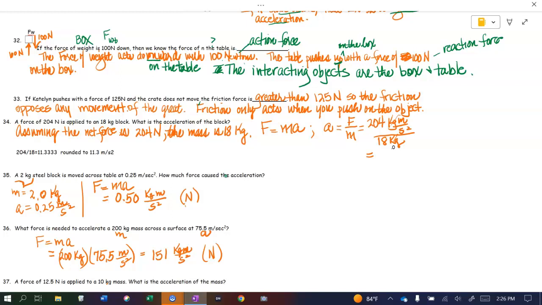So the friction opposes any movement of the crate. Friction only acts when you push on the object, and get it moving or try to get it moving.